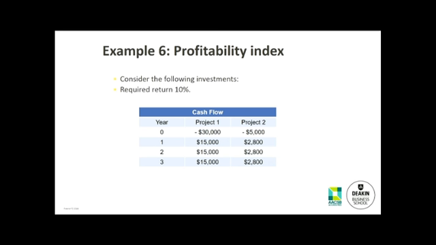For both projects, you need to have the present value of 3 cash flows. Can you do that? You need to discount 15,000 by 1 plus 10%. Then 15,000 divided by 1 plus 10% to the power of 2. And then 15,000 divided by 1 plus 10% to the power of 3. And sum it up. Similarly, you need to discount these three cash flows. Any questions?